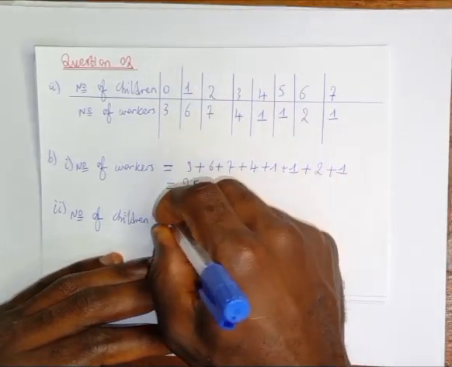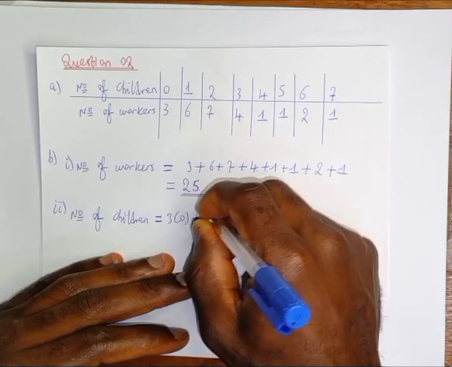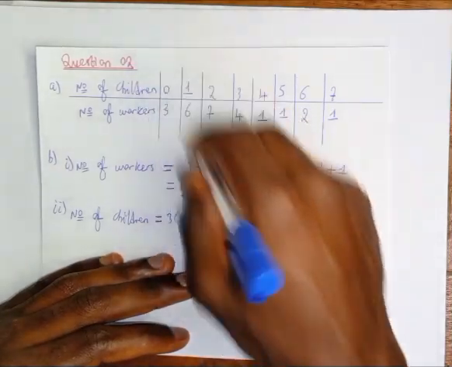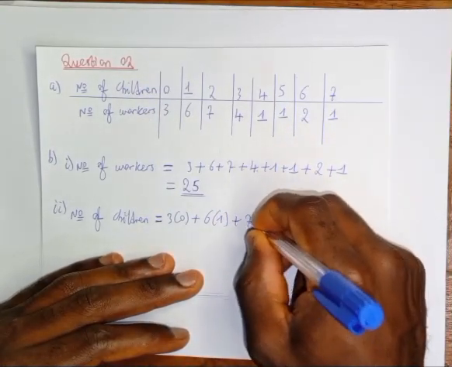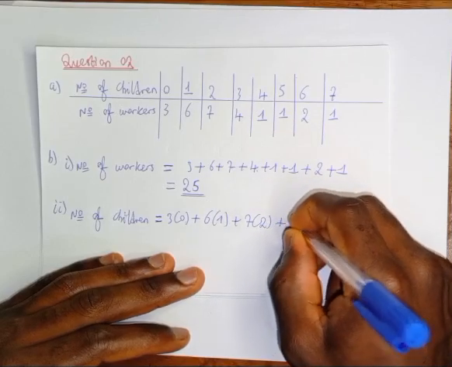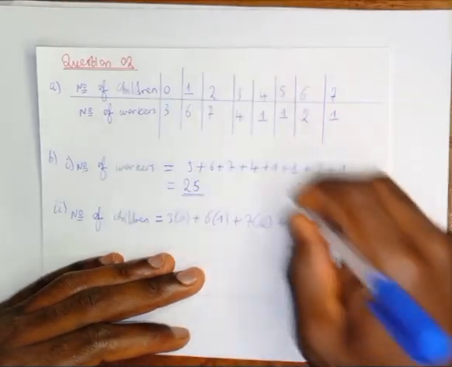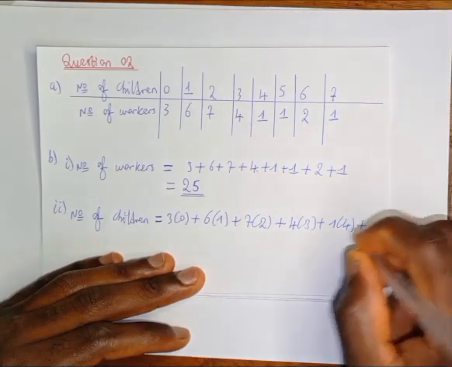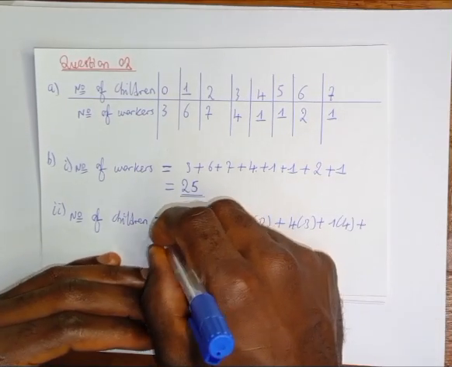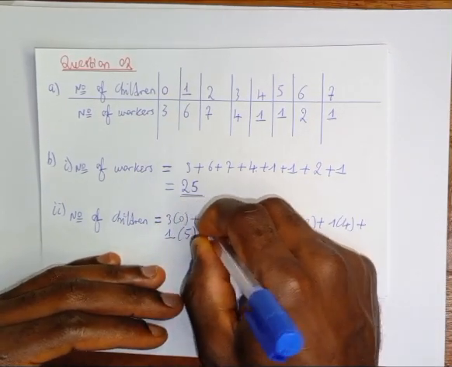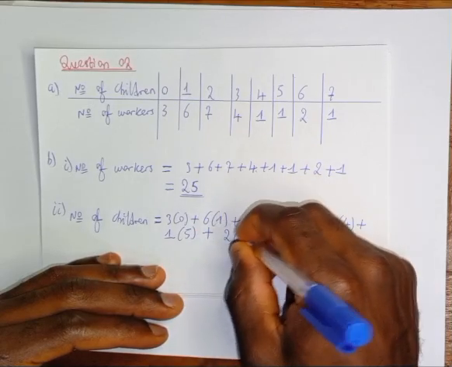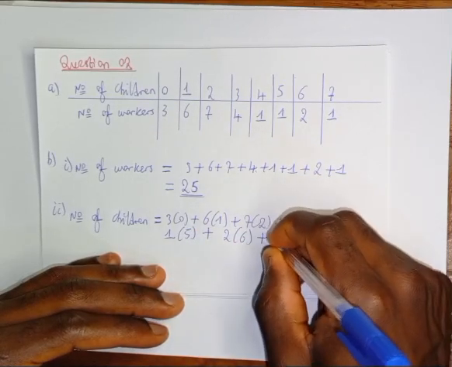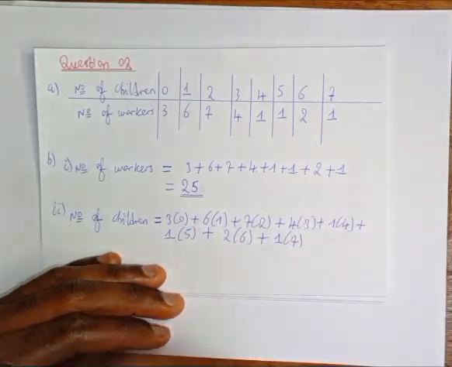we are going to take 3 times 0 plus 6 times 1 plus 7 times 2 plus 4 times 3 plus 1 times 4 plus 1 times 5 plus 2 times 6 plus 1 times 7.